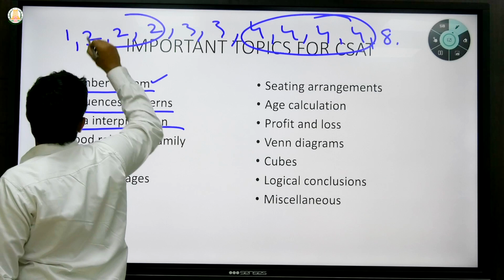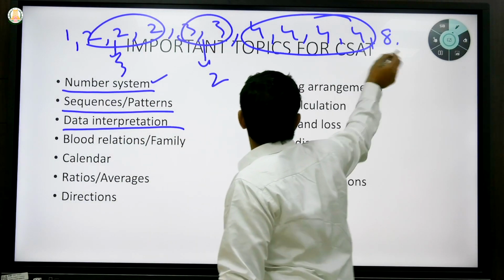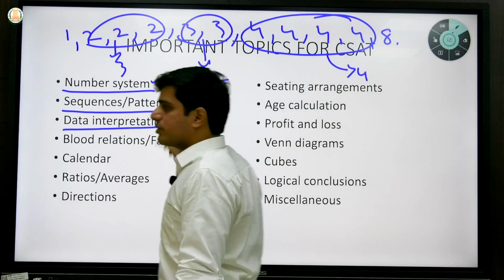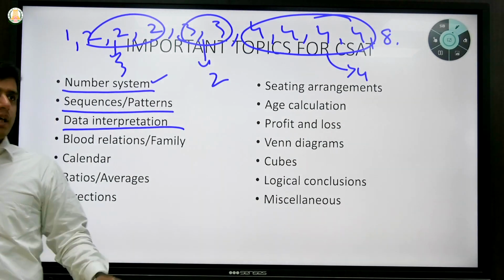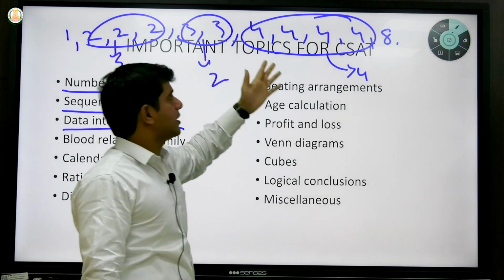Whereas 2 is repeating only 3 times, 3 only 2 times, and 8 and 1 are individually represented. So 4 is the mode of the sequence.